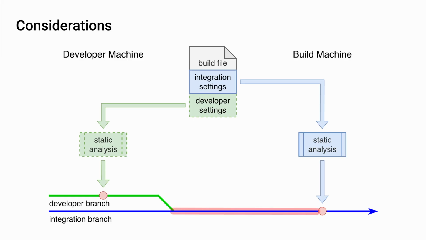Then, sometime later, the build system runs static analysis and finds issues in code whose story is already closed. The developer would now have to open a new story to fix these issues. So when implementing static analysis, one needs to balance where you put static analysis, how the developer interaction is managed, and how integration is dealt with.